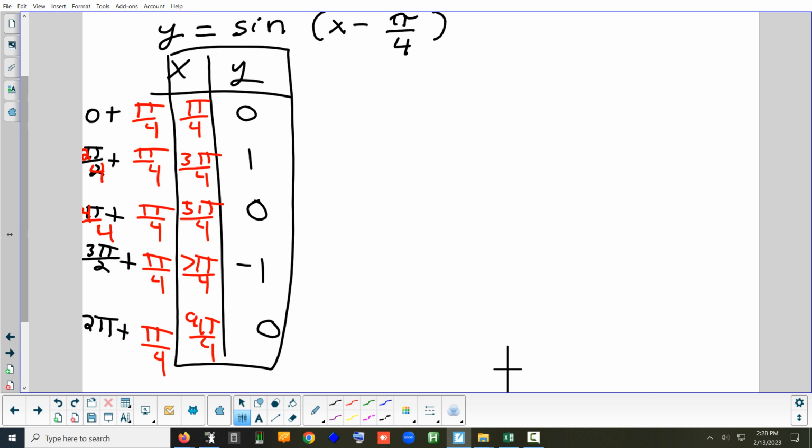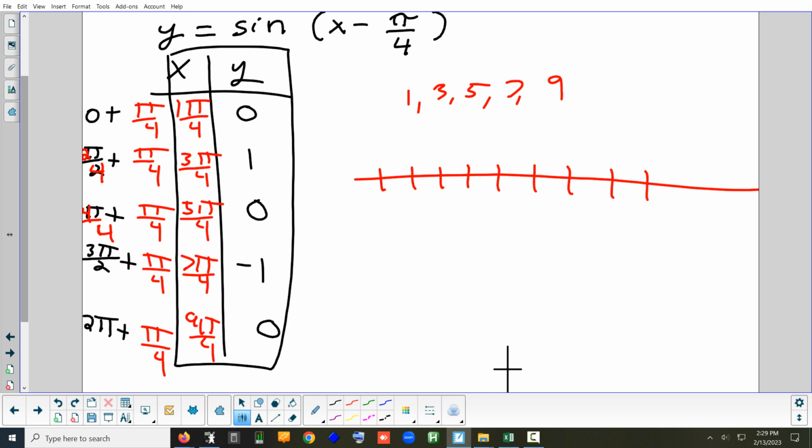Now, here's where we have to be careful setting up the axes. Let's just think of the numbers in front of the pi. 1, 3, 5, 7, 9. Are they all evenly spaced? Yep, then we can use them. But let's think about where to put 0. Let's just say that's the start. Where does 1 go?